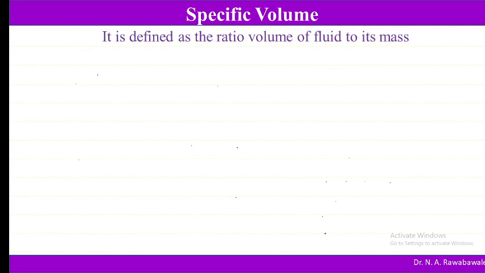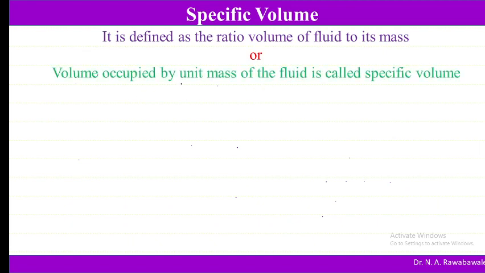So now coming to specific volume. Specific volume is the reciprocal of mass density. It is the volume occupied by unit mass of fluid. So it is defined as the ratio of volume of fluid to its mass. Say, for example, if we store 1 kg of gas in a container, in a cylinder, then this 1 kg is going to occupy a certain volume.